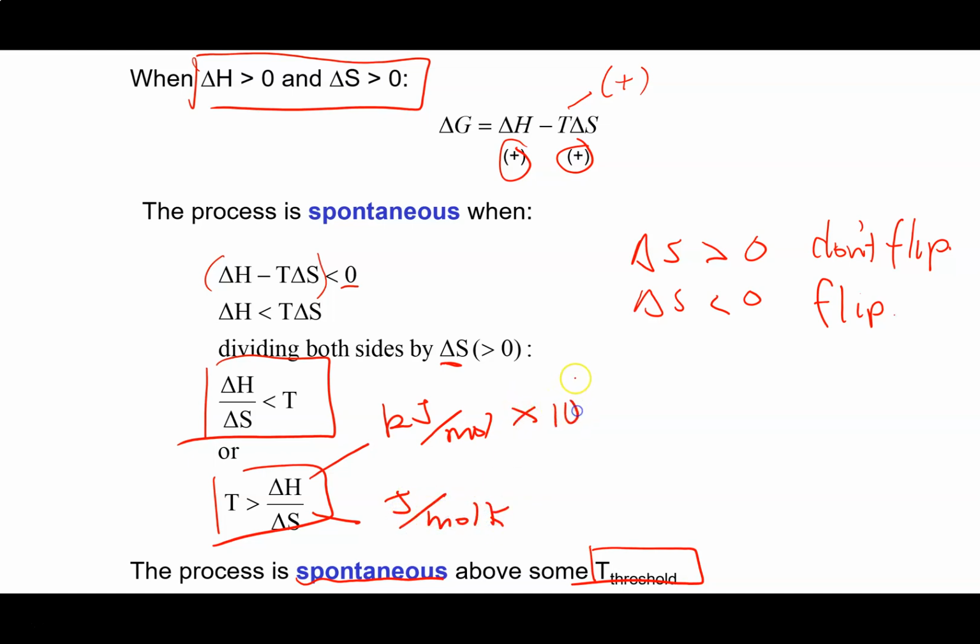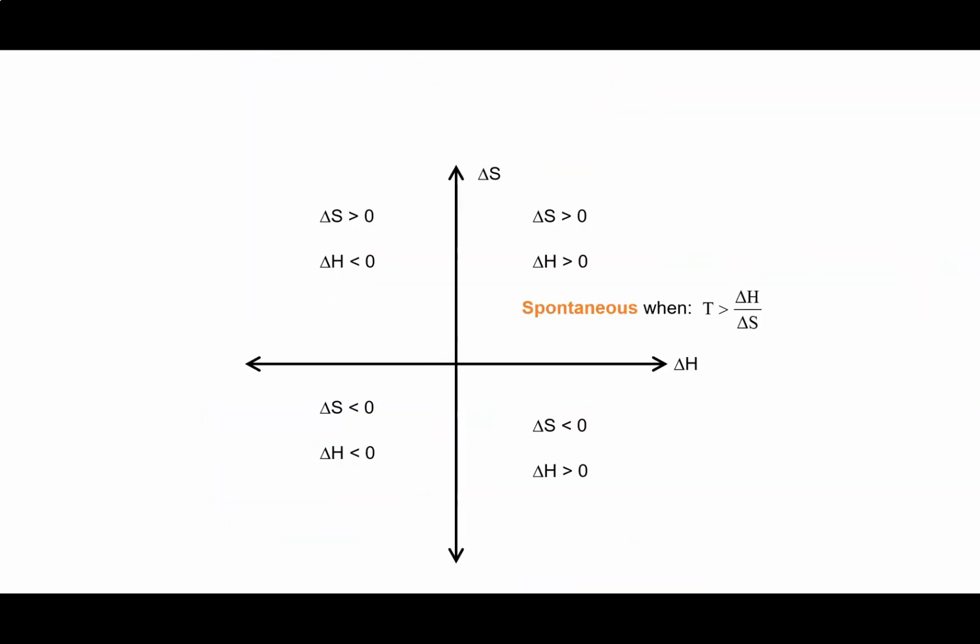So you're going to want to times that by 10 to the 3 when you're doing these calculations of the threshold temperature. Okay, so we got one of our quadrants figured out.